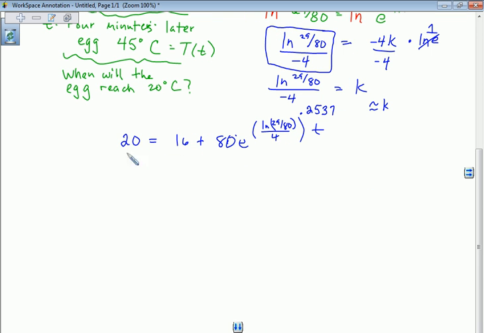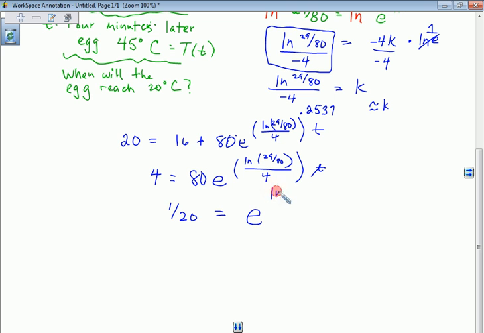So now we solve this one. We move the 16 over. Divide by 80. What do we do?